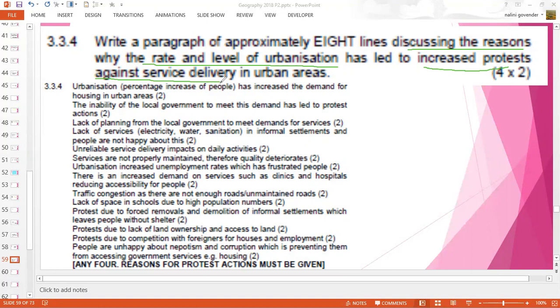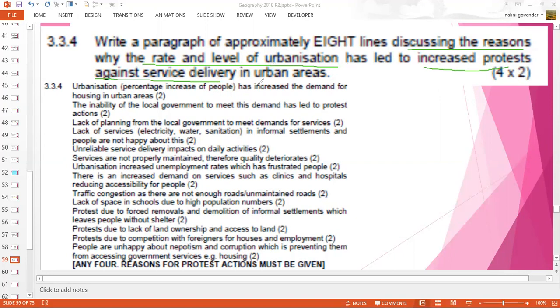And people are now going to protest to demonstrate towards the municipality and or the government their anger and the fact the government must now provide these kinds of things. The question, why has it led to an increased protest action? There you can see.